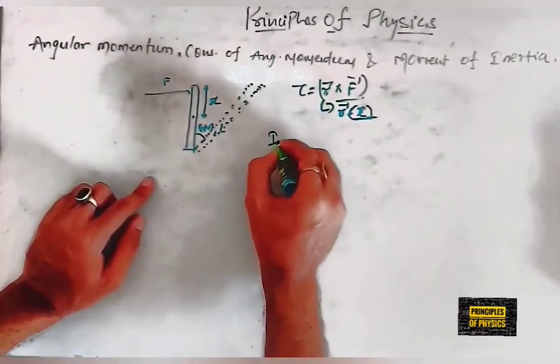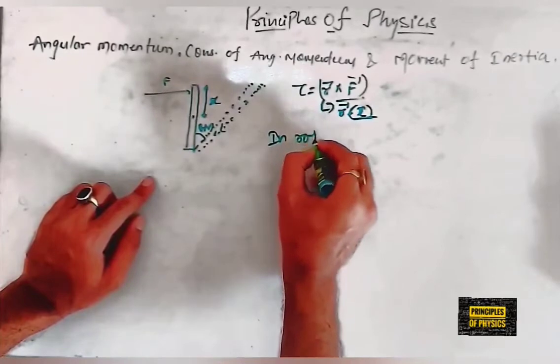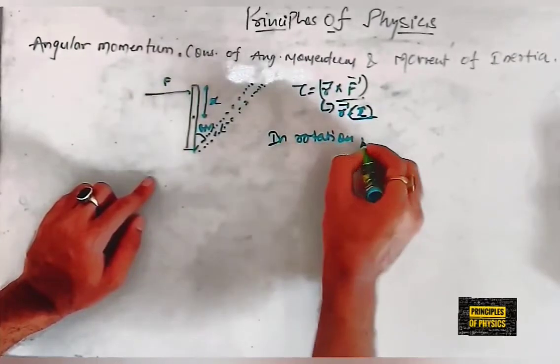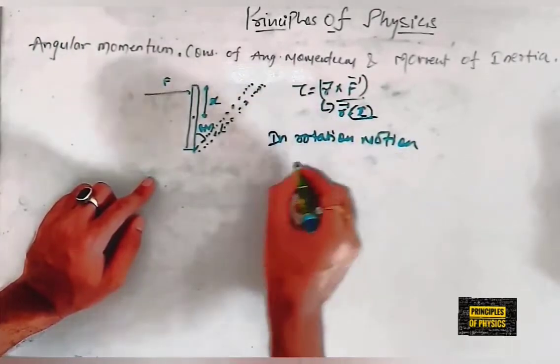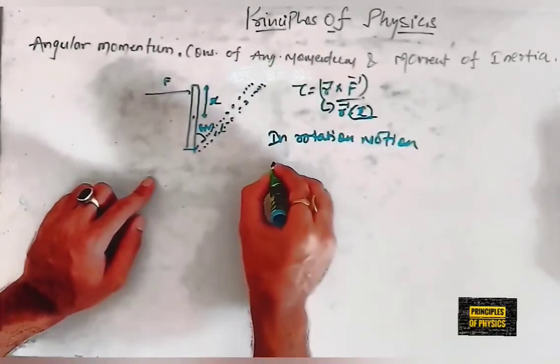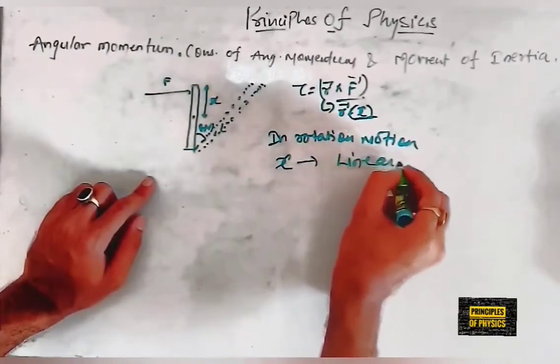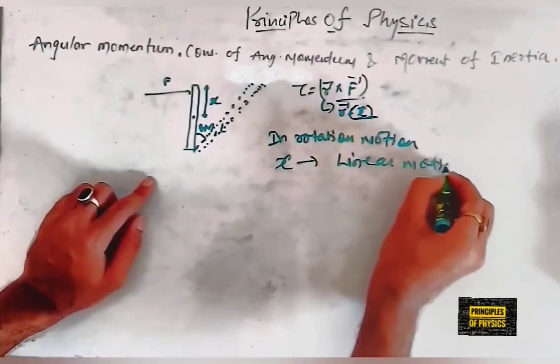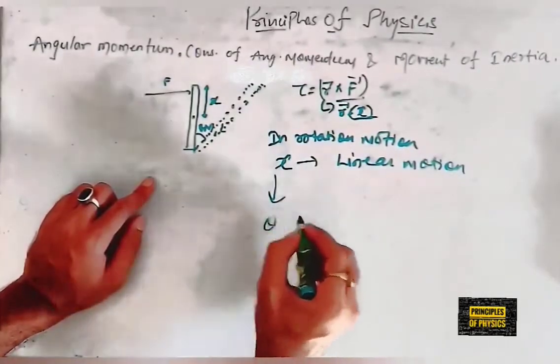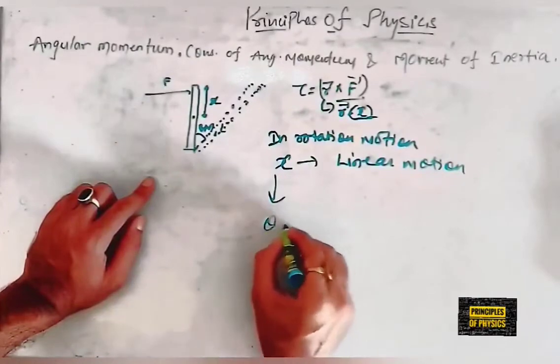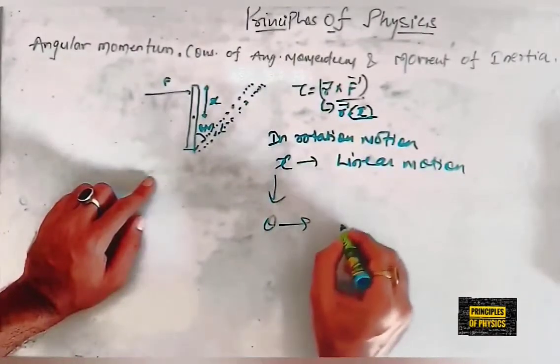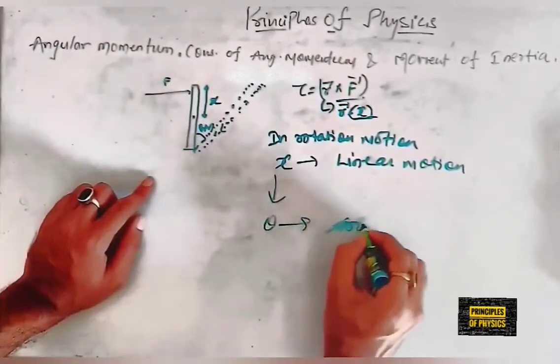So in rotational motion, what was x in linear motion, that is displacement, is now converted to theta.